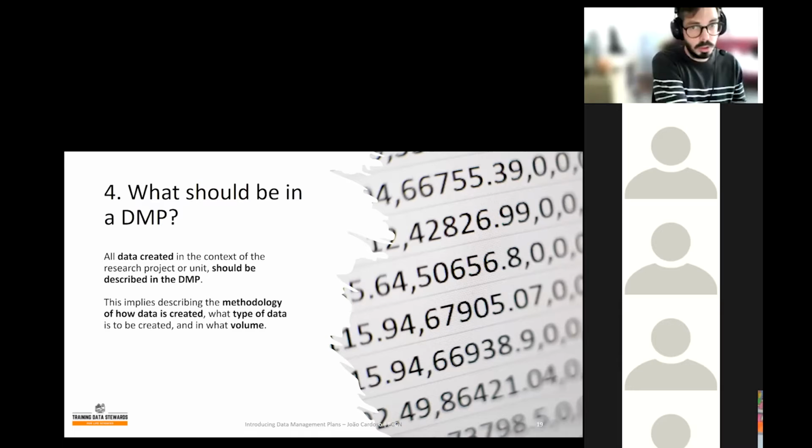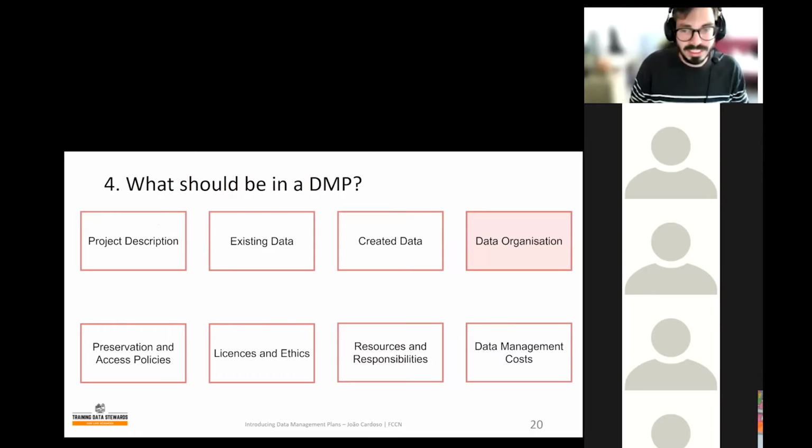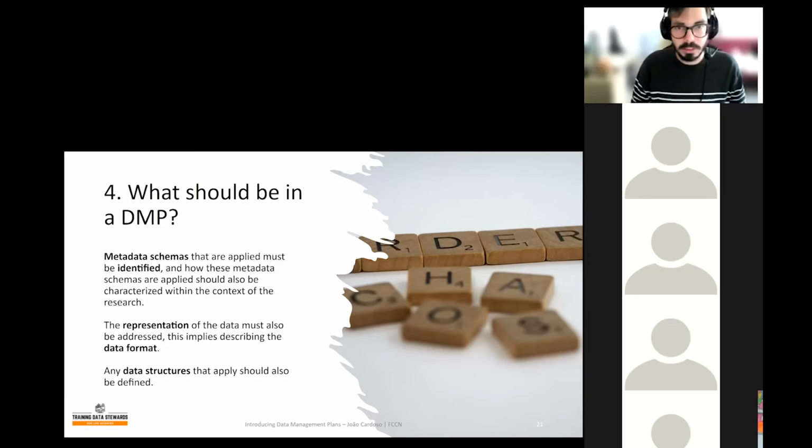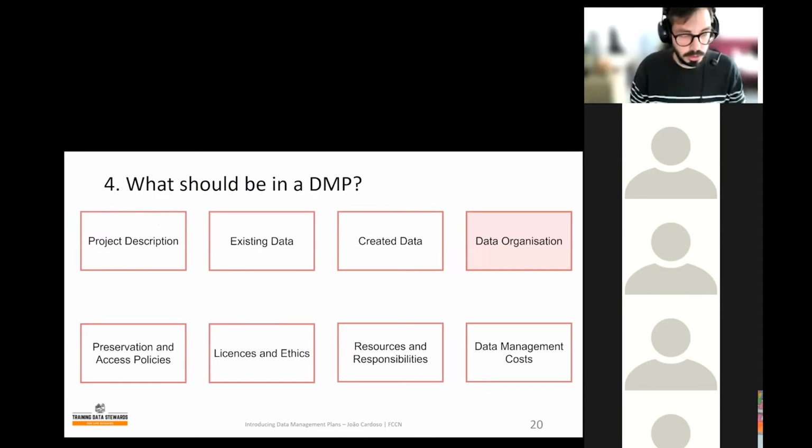So the description of the data should also change over time and should ideally become ever more detailed. But in all scenarios, in a generic way, we can describe the methodology of how data is to be created, what types are being created, and its volumes. Why is the volume important? Mostly due to what happens in the preservation and dissemination policies of the access policy.